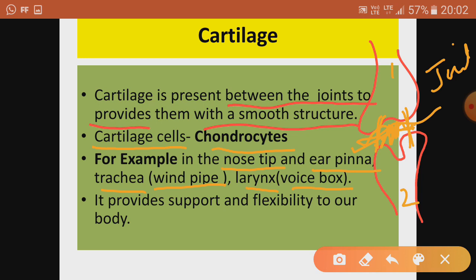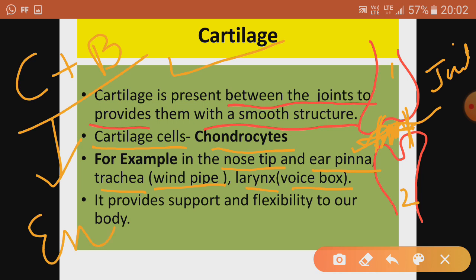Cartilage plus bone both make the endoskeleton. What is the purpose of the skeletal system? Basically it provides support and flexibility to our body.